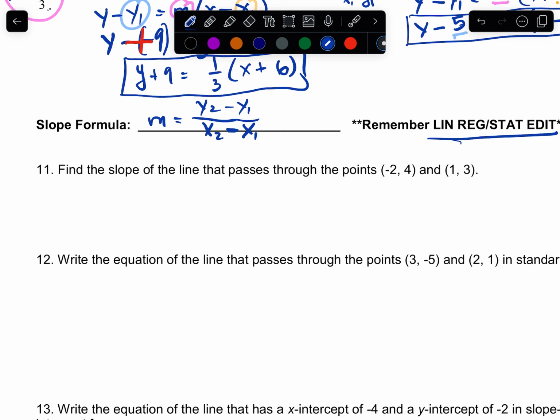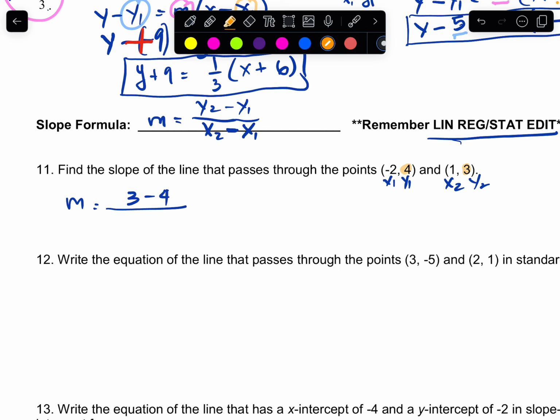Let's go to 11. Find the slope of the line that passes through -2, 4 and 1, 3. Let's say this is x1, y1, x2, y2. I'm going to find the slope. Let's highlight the y's: 3 minus 4.